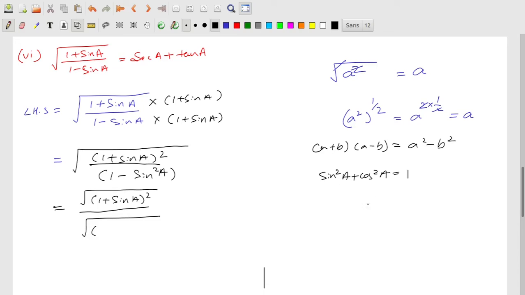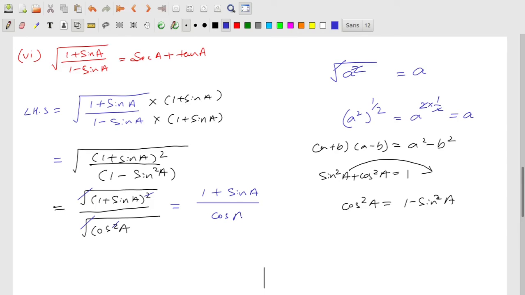Then 1 minus sin square A, take this sin square A here, then you will be left with cos square A. Then this 1 minus sin square A can be replaced by cos square A. Okay, fine. So in the next step you can just cancel out this root and then this 2, and then this 2 and then this root. So if you cancel out, you will be just left with 1 plus sin A divided by cos A.